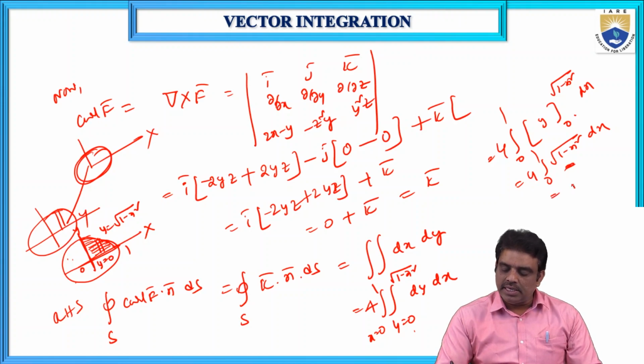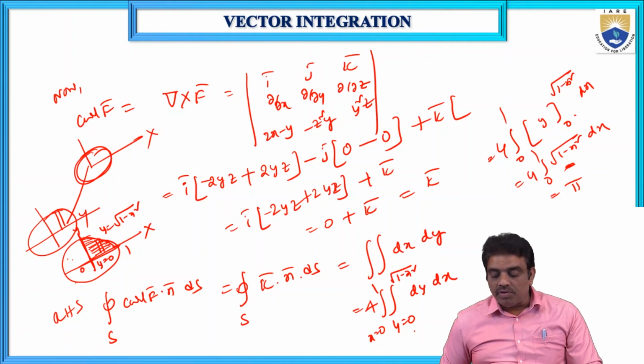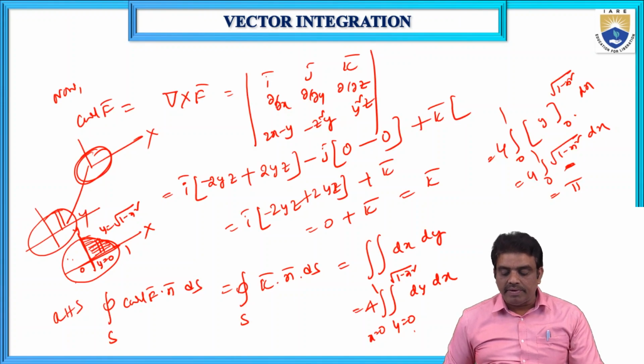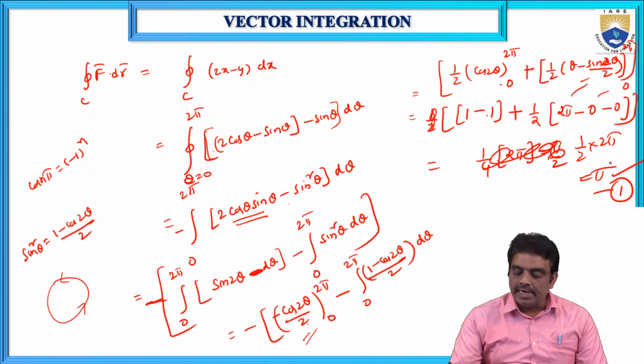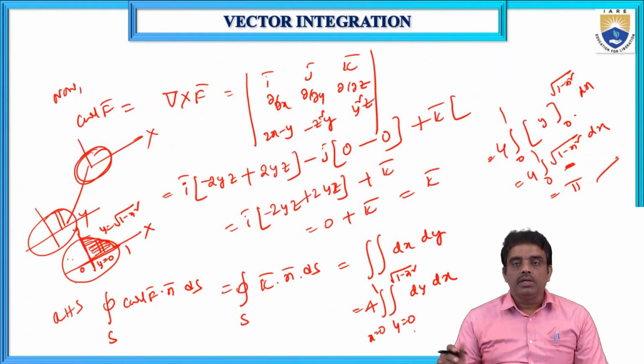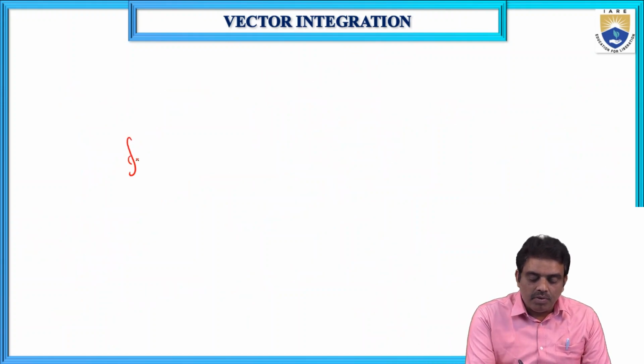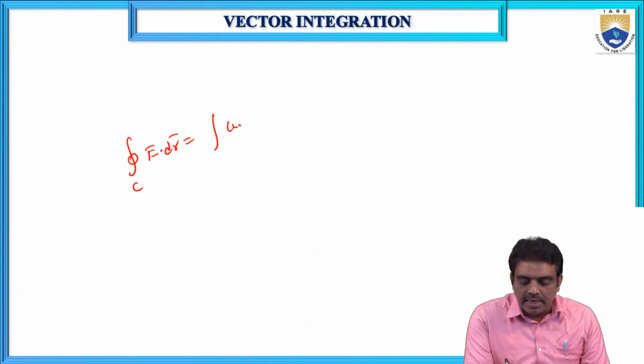So the entire value is equal to pi on evaluating. So therefore in the first case also you get the value of the first integral is pi, and this is also pi. That means what? The Stokes theorem is verified. So what is verified is the integral over the closed curve C, f bar dot dr bar, is equal to the integral along the surface curl f bar dot n bar into ds.